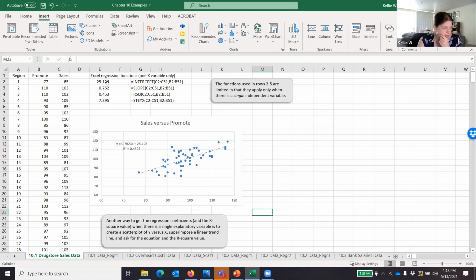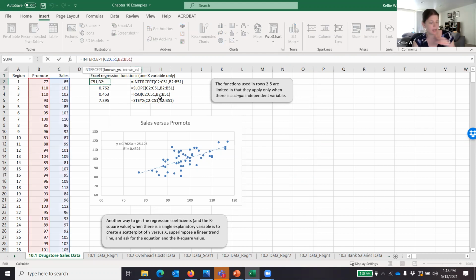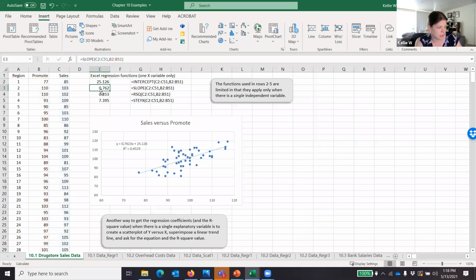And then also, there are some functions in Excel that you can use. So you can actually run this intercept formula and get the intercept. So you can run it on your data. Same thing with slope. Same thing with the R-squared.